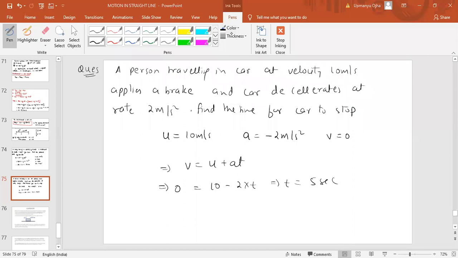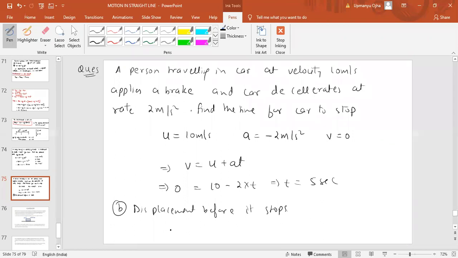Next part of this problem is find the displacement of the car before it stops. We can use both equations, s equal to ut plus half at square, or we can also use s equal to v square minus u square by 2a.